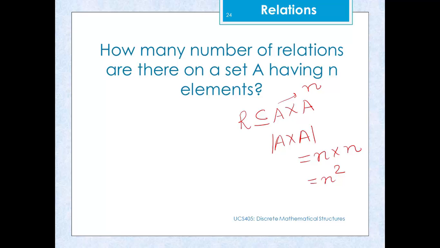Now, because R is a subset of A cross A, the total number of subsets of A cross A we can write as 2 raised to the power modulus of A cross A, that means 2 raised to the power n square, and that is our answer.